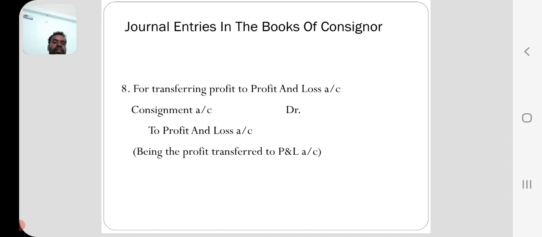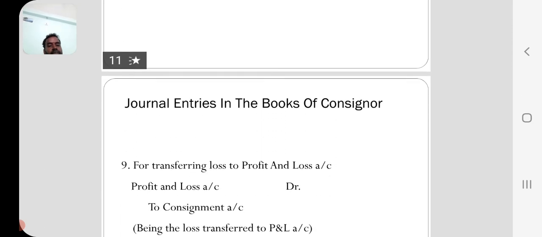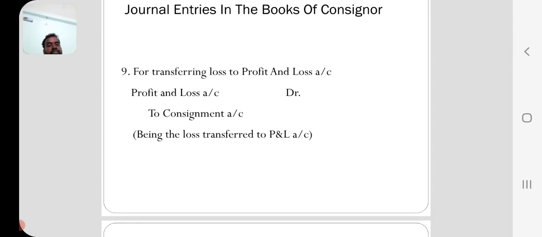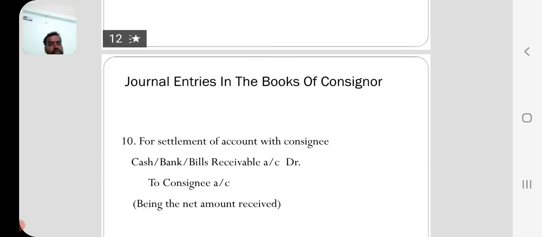For transferring profit to profit and loss account: Consignment account debit to profit and loss account, being the profit transferred to profit and loss account. For transferring loss to the profit and loss account: Profit and loss account debit to consignment account.